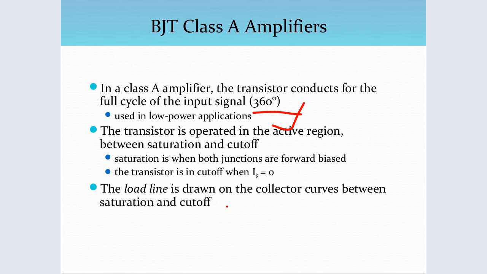The concept of switching is what makes the transistor applicable in memory or in digital circuits, where 0, 1, 0, 1, that kind of switching forms part of how the computer memory works.